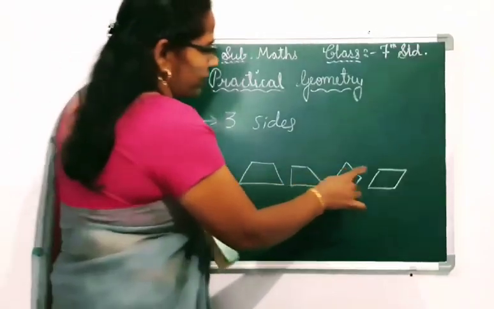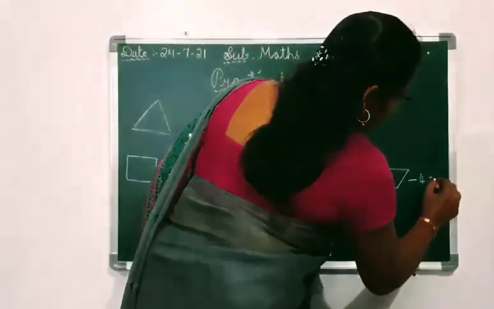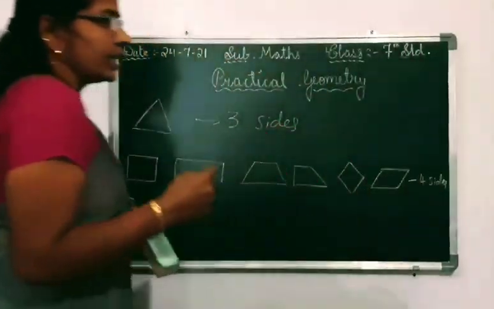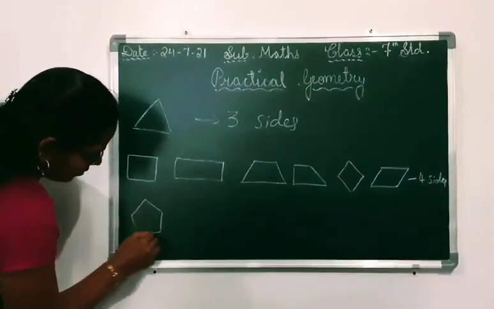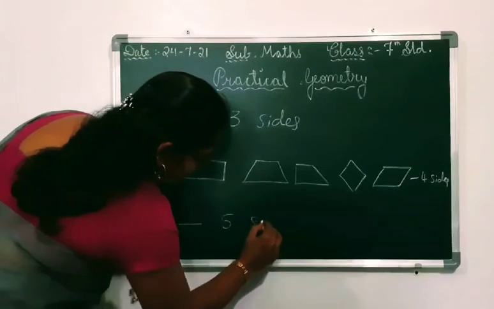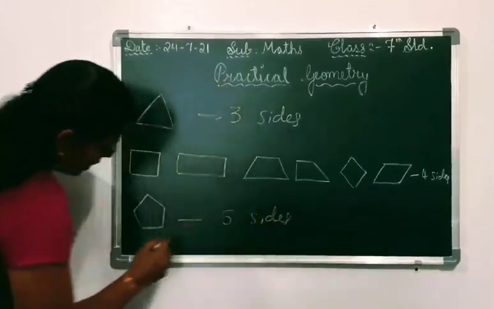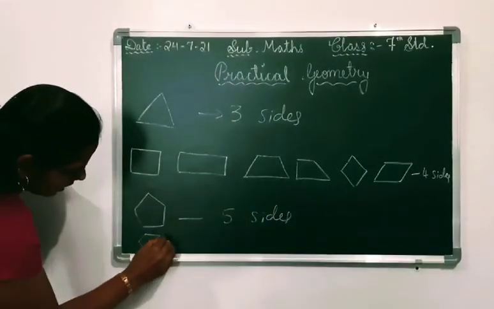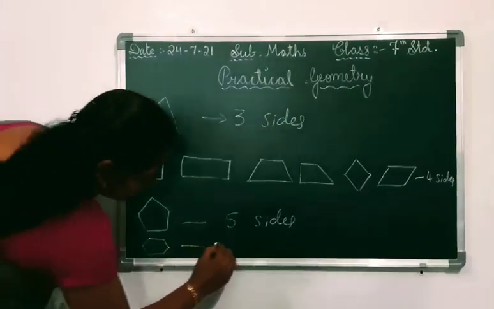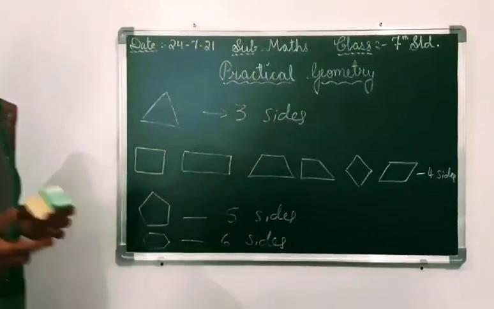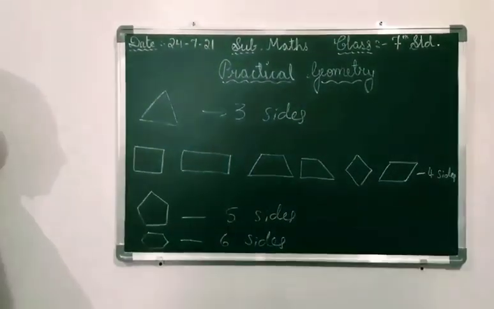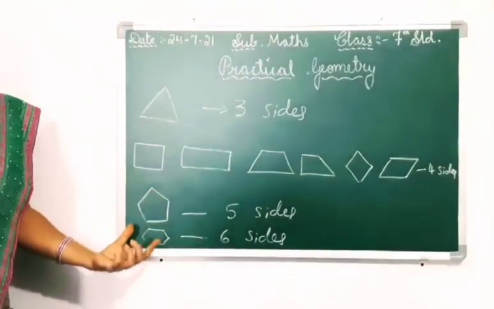Each and every figure has 4 sides. Then next one, pentagon, 5 sides. Then 6 sides, hexagon.